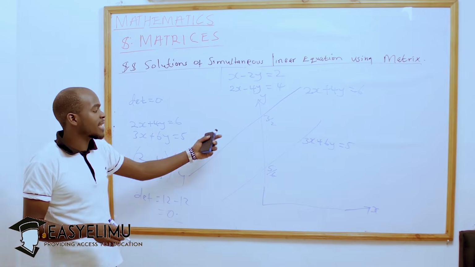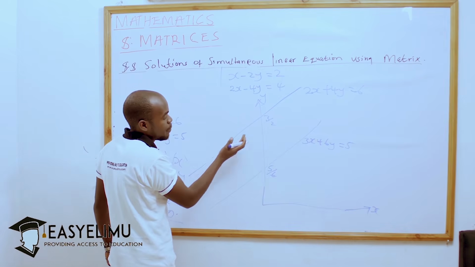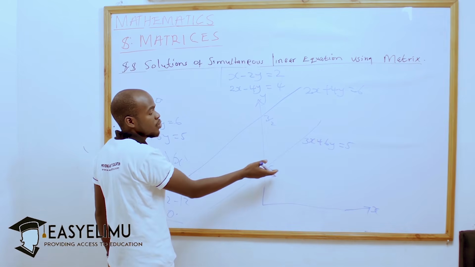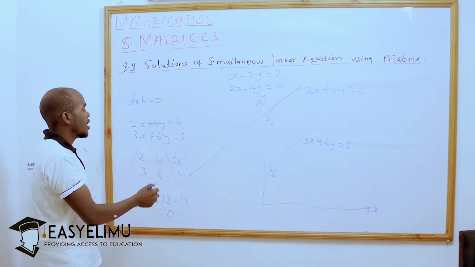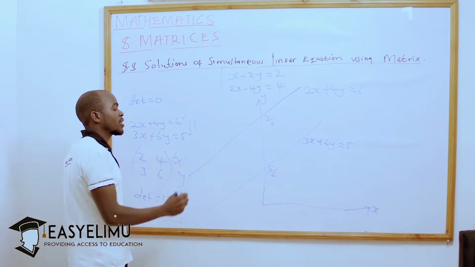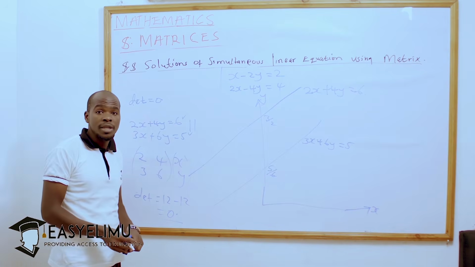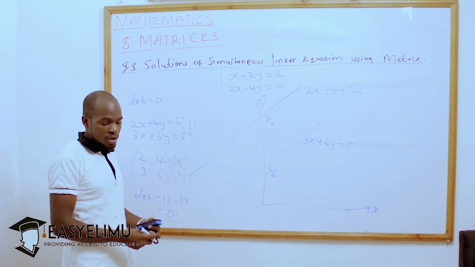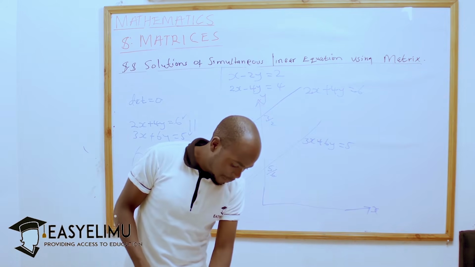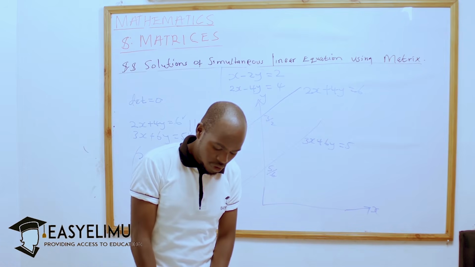There is no way they can cut each other. The equation above is parallel to the other equation, meaning this equation here is totally parallel to this, so the solution can't be determined. They have no solution. The lines are parallel, therefore they have no solution.